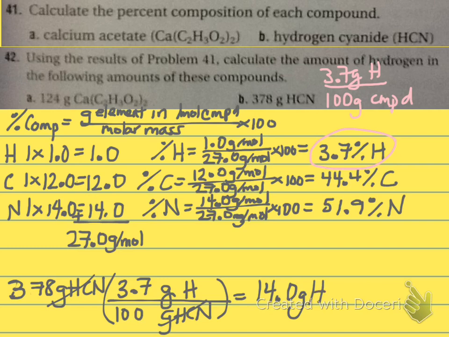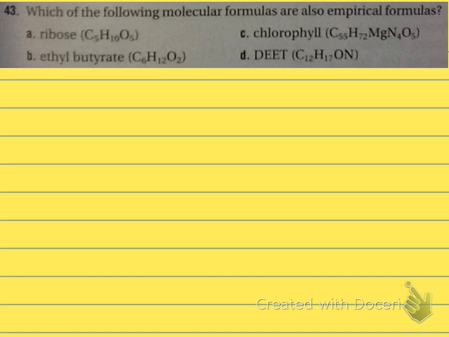So again, that's how you do B of 41 and 42. Number 43. Which of the following molecular formulas are also an empirical formula? Remember, empirical means it's the lowest whole number ratio. So C5H10O5, which is ribose, a sugar.